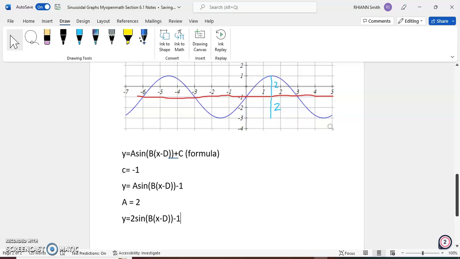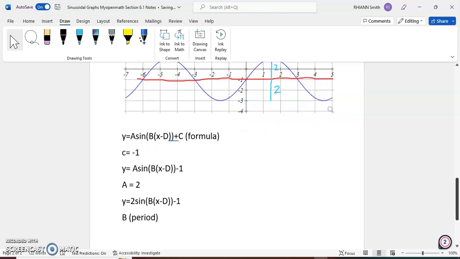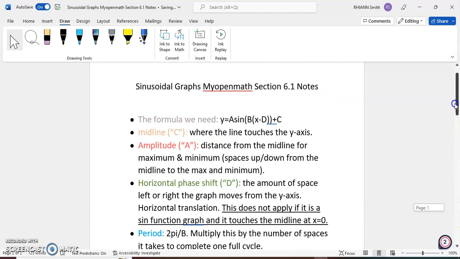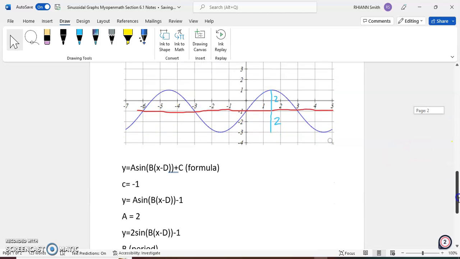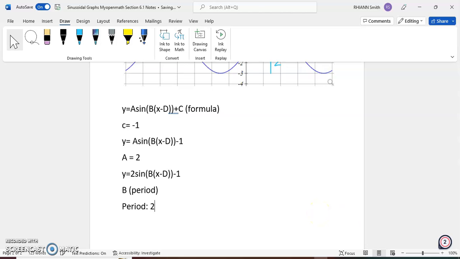Okay, so the next thing we're going to figure out is B. As we know, B is related to the period, and the period formula, as I wrote up here, is 2 pi divided by B. So we're going to write 2 pi divided by B. For this next part, I'm going to switch over to this and show you how it should look if you like to have the numerator on top and the denominator on the bottom.